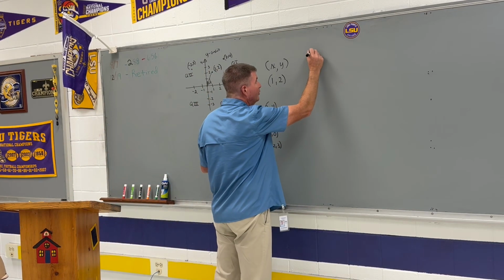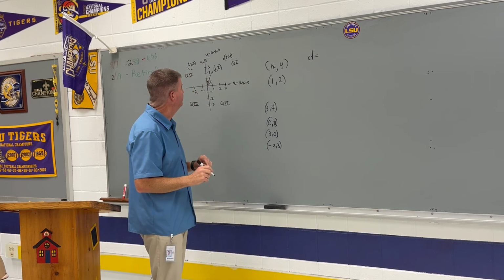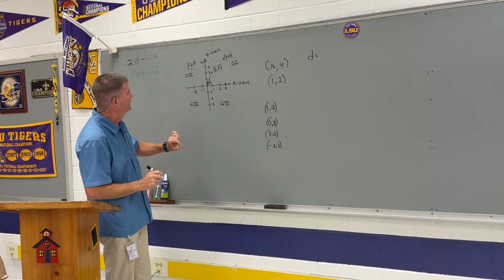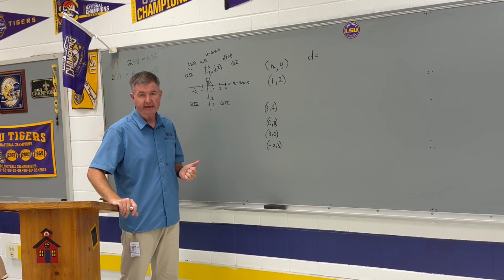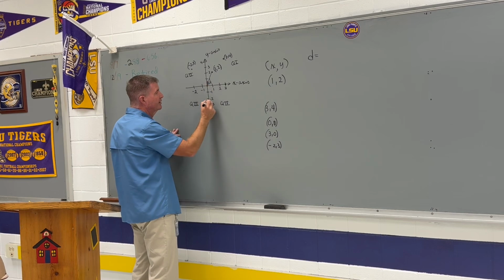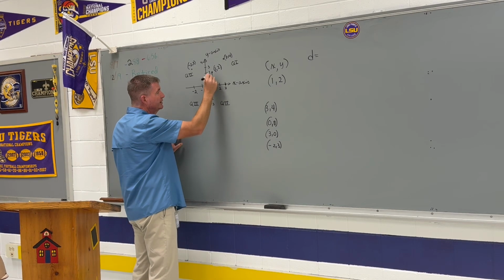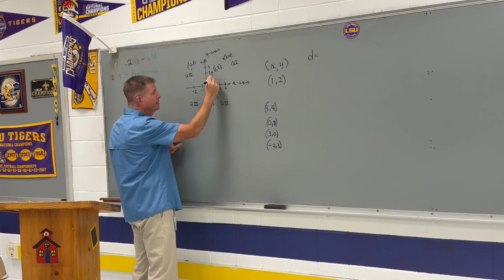So the distance formula, written with a little d, is going to be a version of the Pythagorean theorem. Pythagorean theorem was finding the lengths of right triangles. So if we were trying to find the distance here, we would draw a right triangle out of it, and we would do a squared plus b squared.